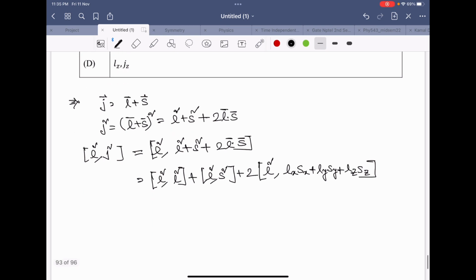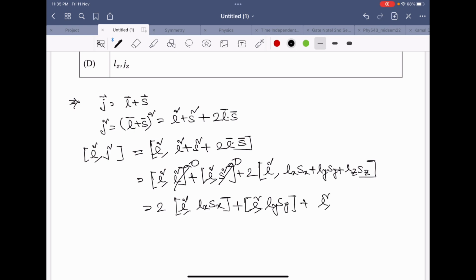This is obviously 0 because it is the commutator of the same operators, and we know that L and S are independent of each other, so this commutator is also going to be 0. So we are left with 2 times L square with Lx Sx, plus L square with Ly Sy, plus L square with Lz Sz.